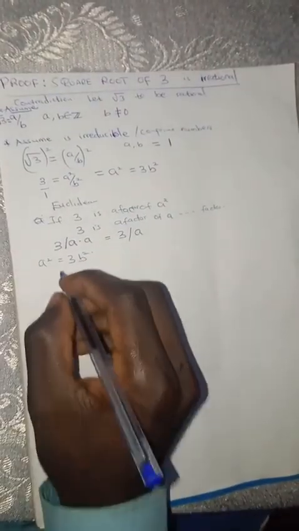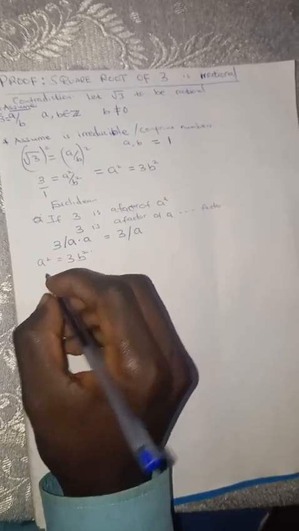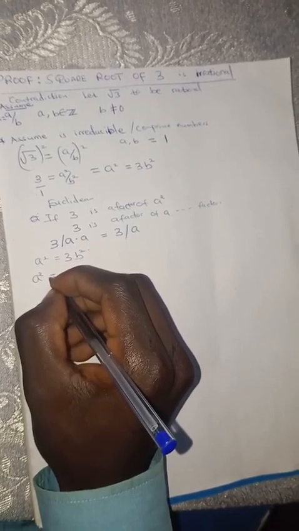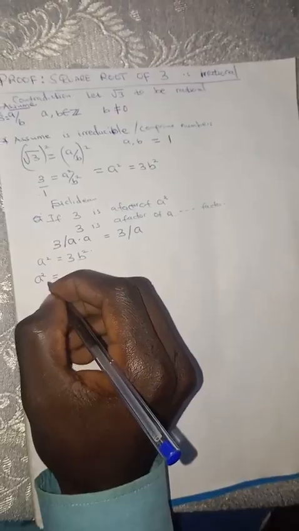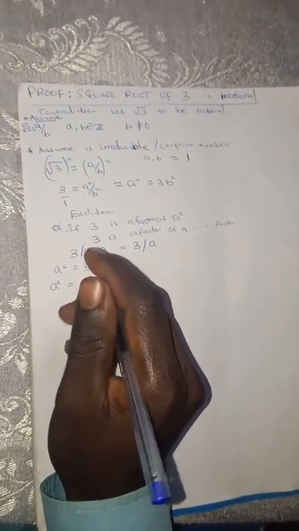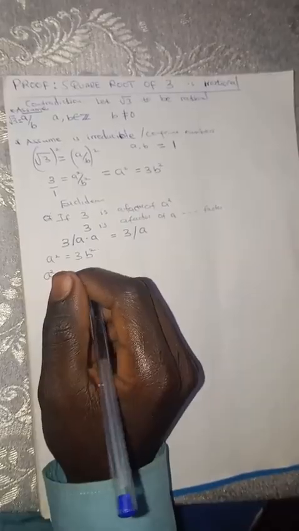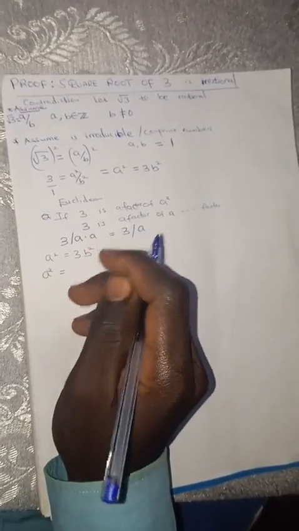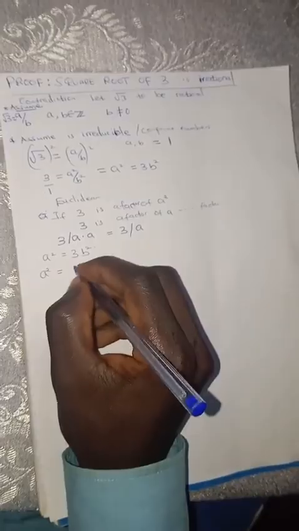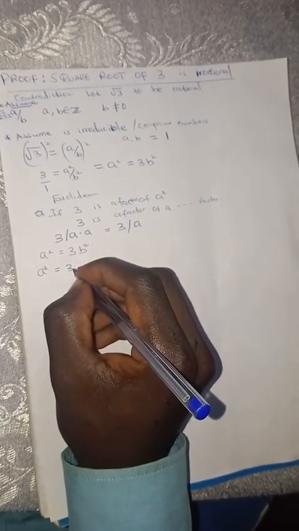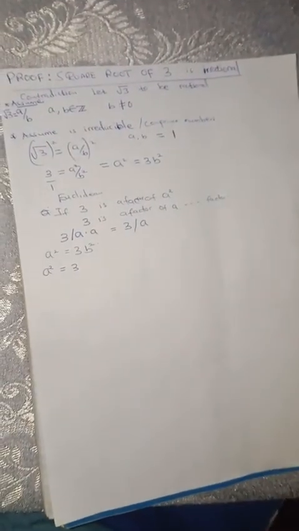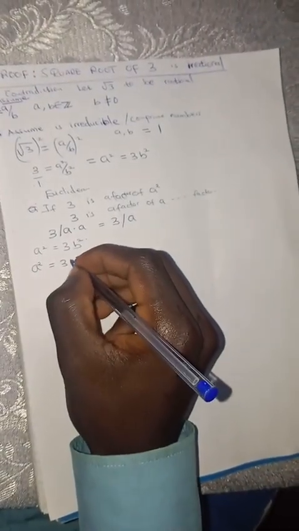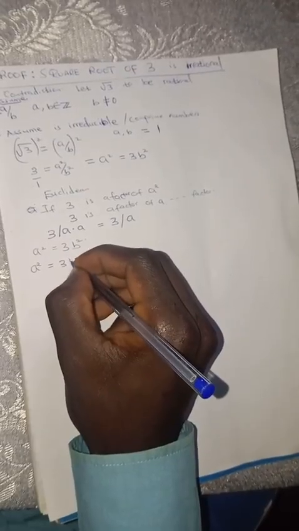Let us assume that a equals 3 multiplied by an integer, let's say k.